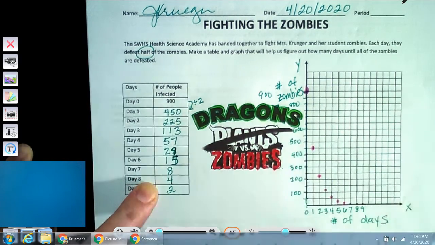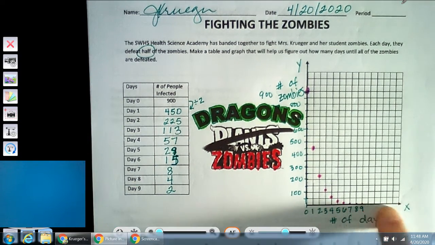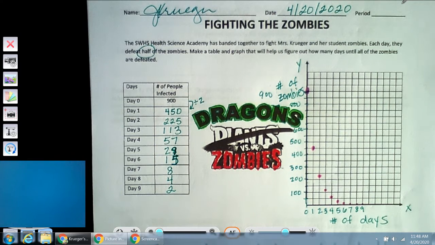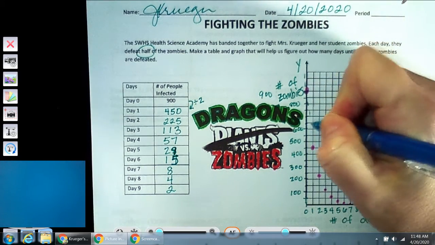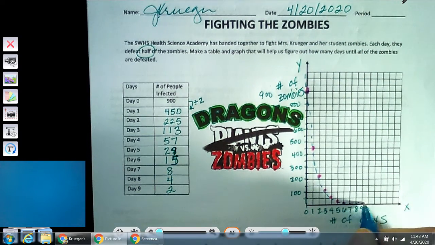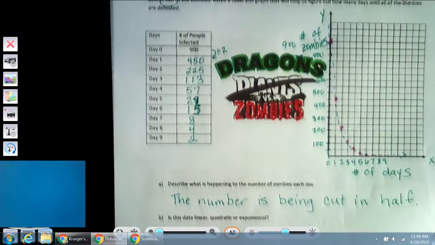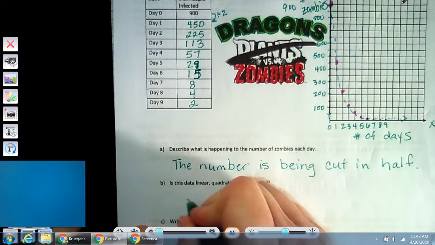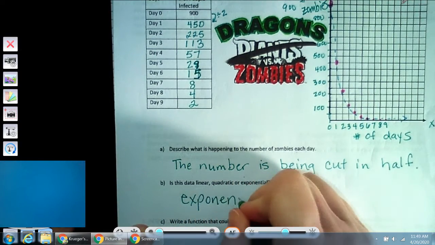And it gets to the point where we really can't squeeze it any tighter, because we're running closer and closer along that x-axis. So again, we can see that this data is exponential. Our points fit that exponential curve. So this is definitely exponential data.